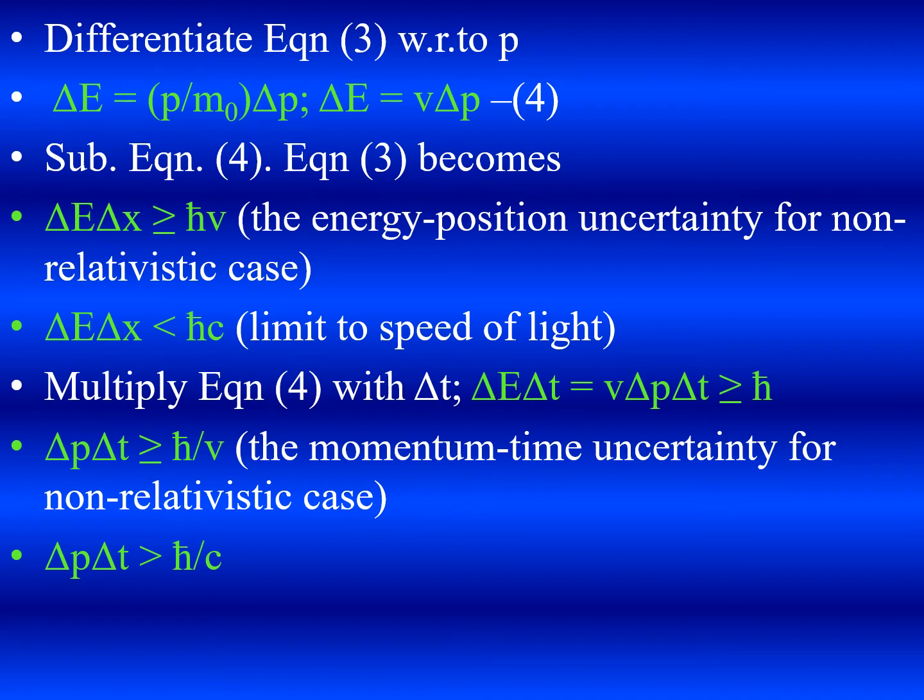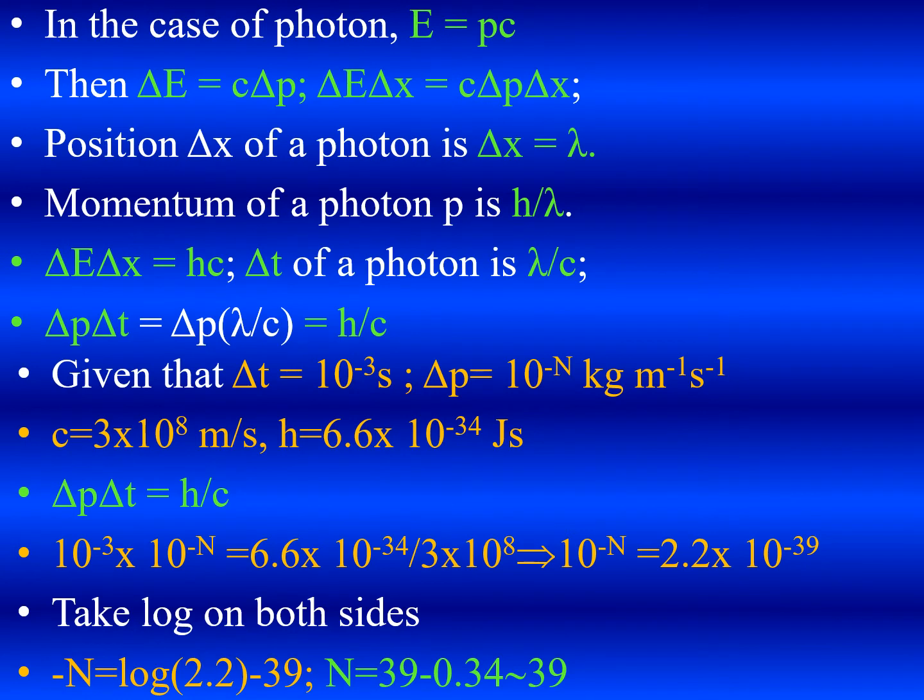So delta P into delta t is greater than or equal to h cross v, and if you write this for the relativistic case, then delta P delta t is greater than or equal to h cross by c. Now if you consider a photon, then E is equal to Pc.